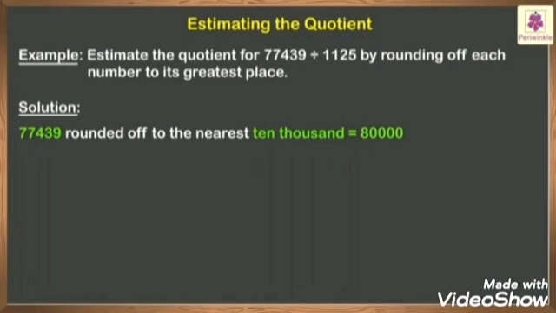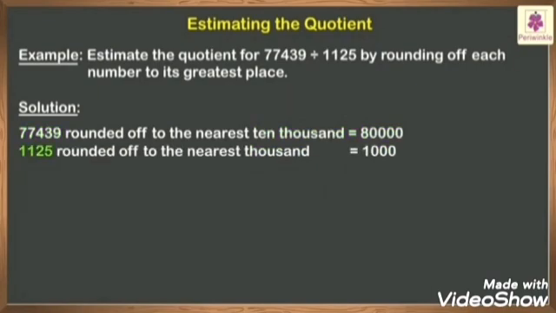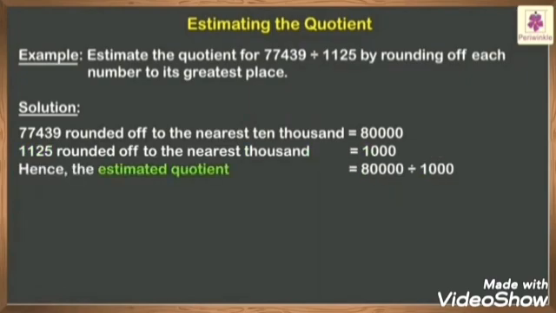We get 80,000. 1,125 is rounded off to the nearest thousand, and we get 1,000. Hence, the estimated quotient is equal to 80,000 divided by 1,000, which is equal to 80.